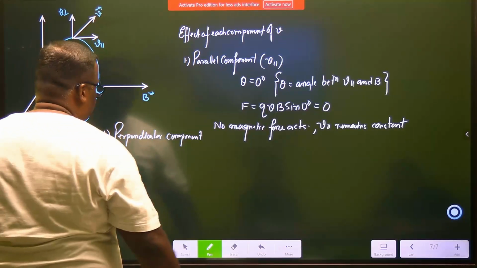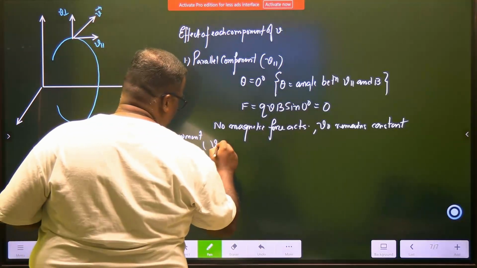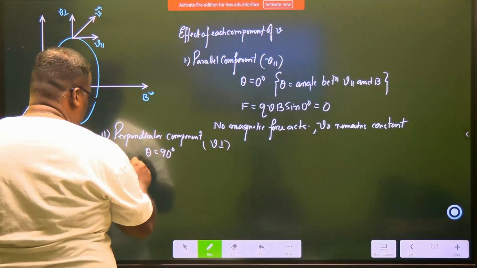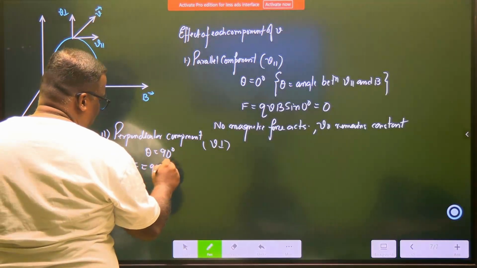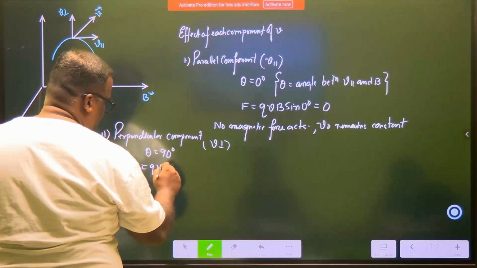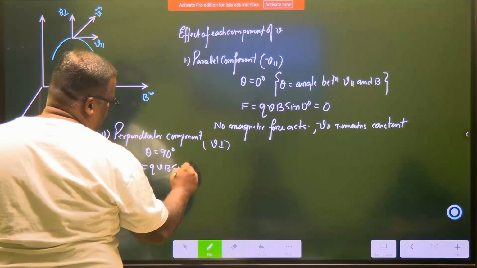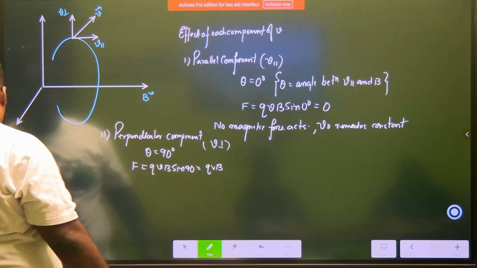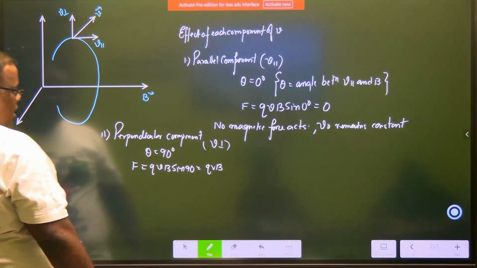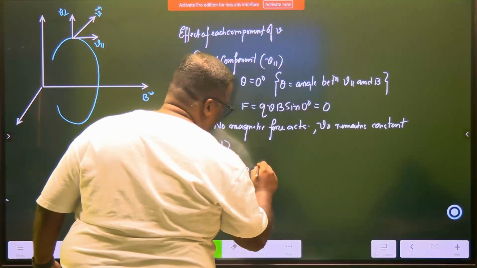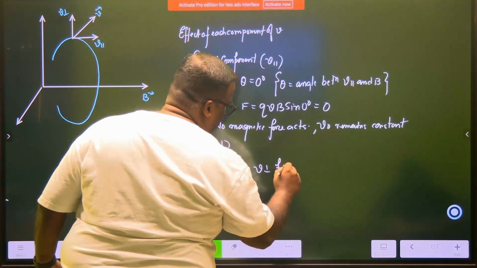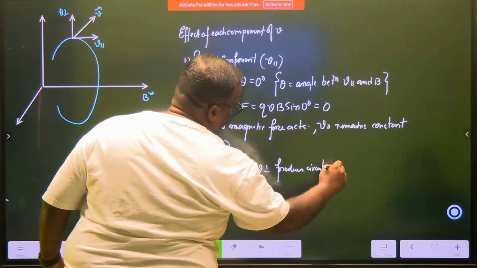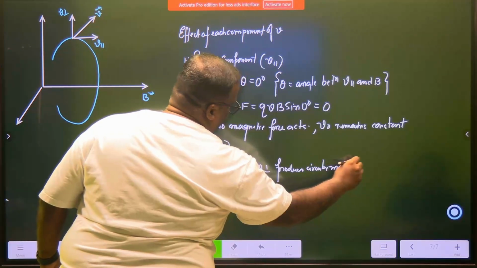This is V perpendicular. In this case, theta becomes 90 degrees and the force is QVB sine 90, which is equal to QVB. And that's what we studied, that V perpendicular produces circular motion.